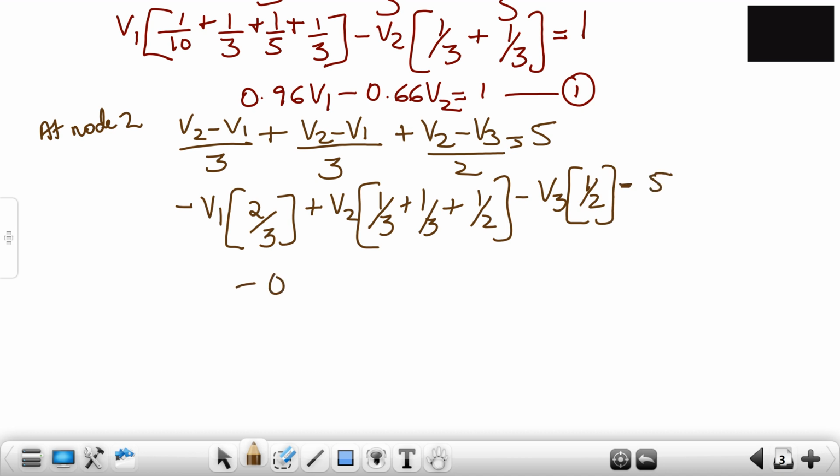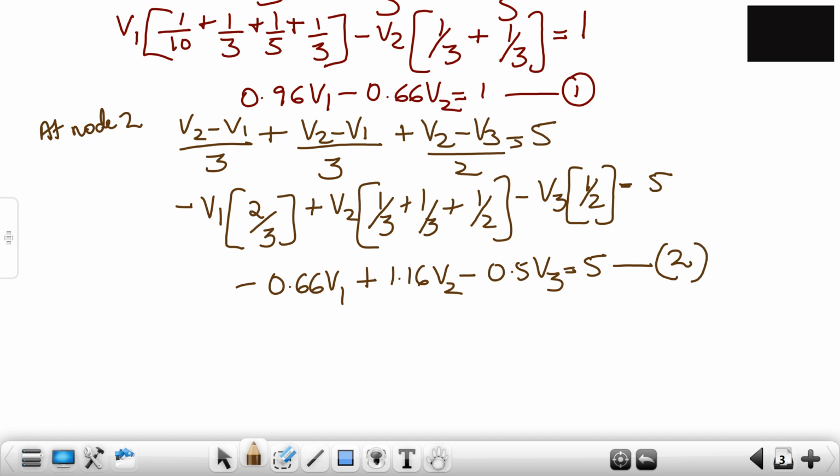After you solve, you get minus 0.66 V1 plus 1.16 V2 minus 0.5 V3 is equal to 5. This is your second equation.